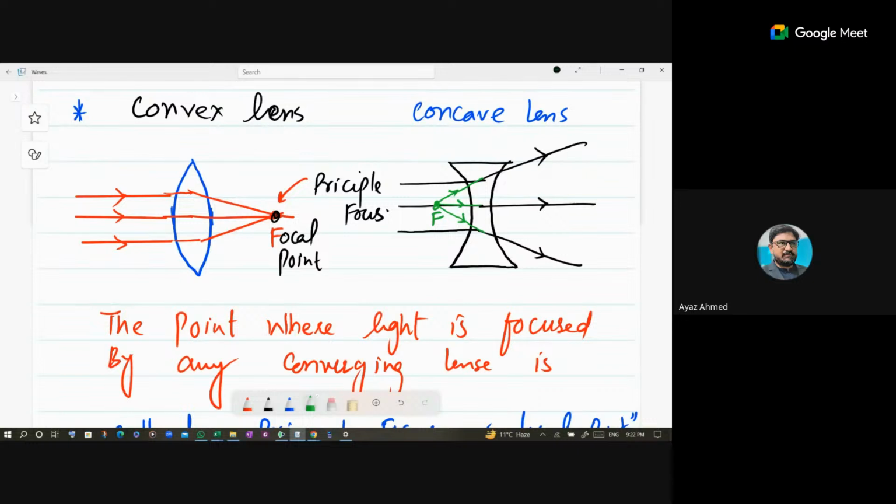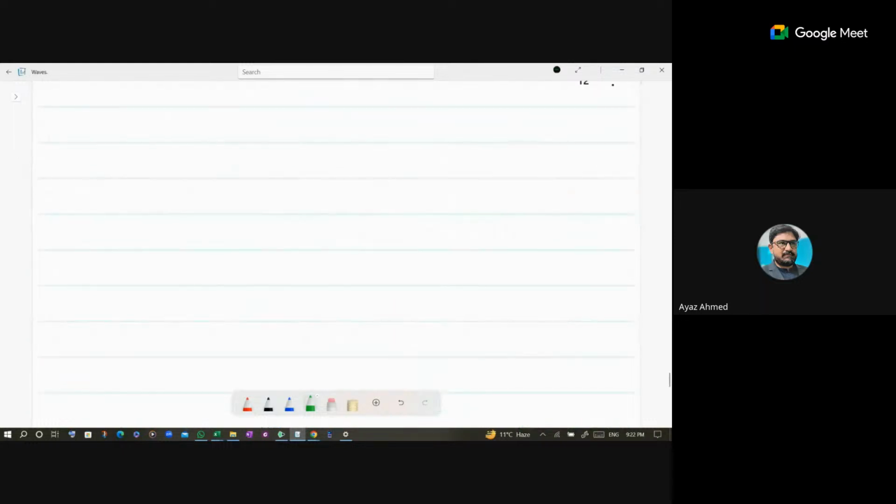So that is F over here. Now this is the center of the lens. What do we call this? This is the optical center. Optical center is basically the center of the lens. Will you be able to understand that?